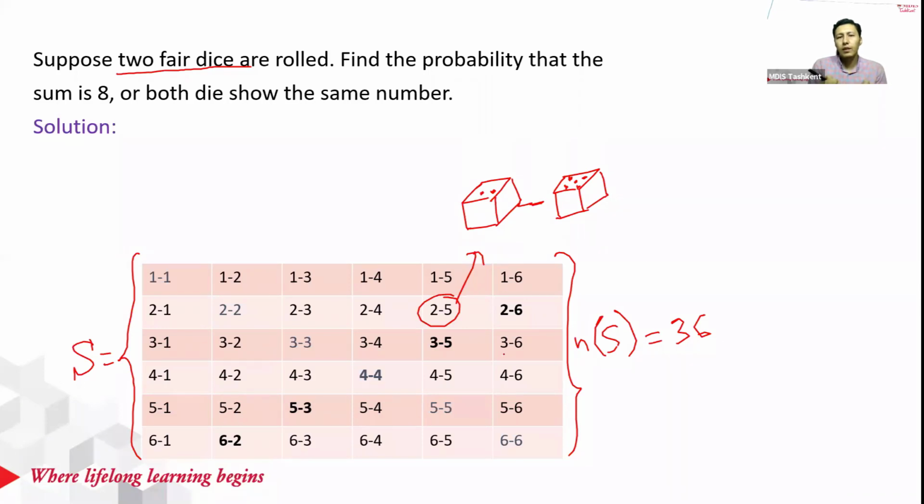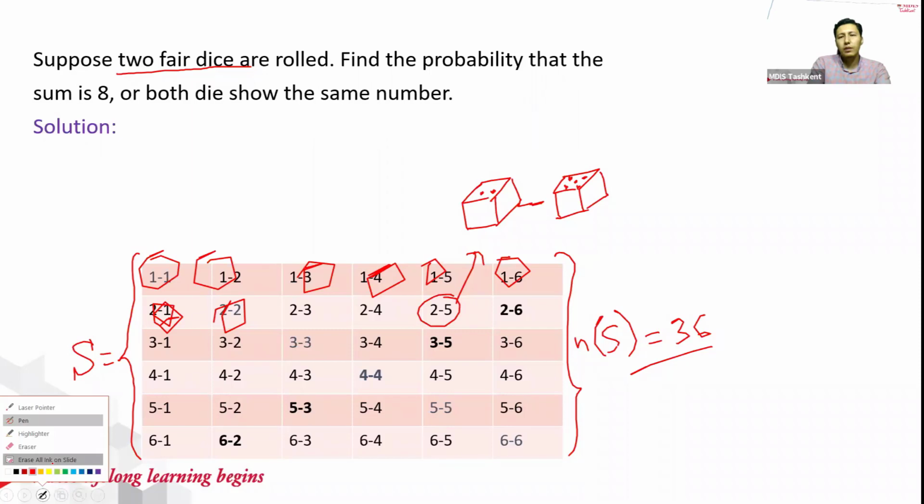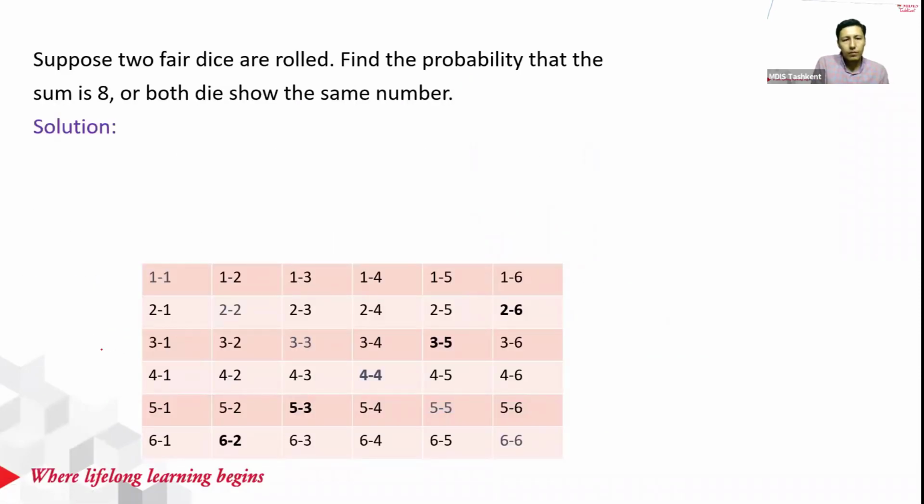So you may get up to 6 6. If you count, you get 36. The number of elements of the sample space is 36. I recommend making this table.